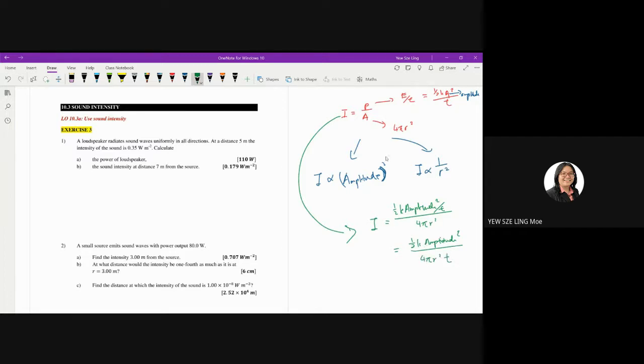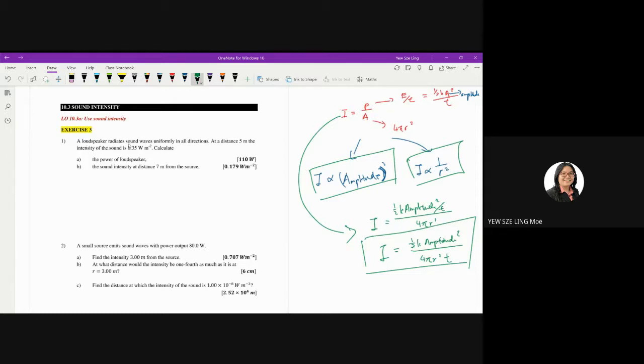From here, we obtain the relationship: I is directly proportional to amplitude squared, and I is inversely proportional to r squared. You just plug in and derive, and you will obtain this equation. But we seldom use this equation in calculations. It is just for us to determine the relationship between I and the amplitude of the particles, as well as the relationship between I and r.